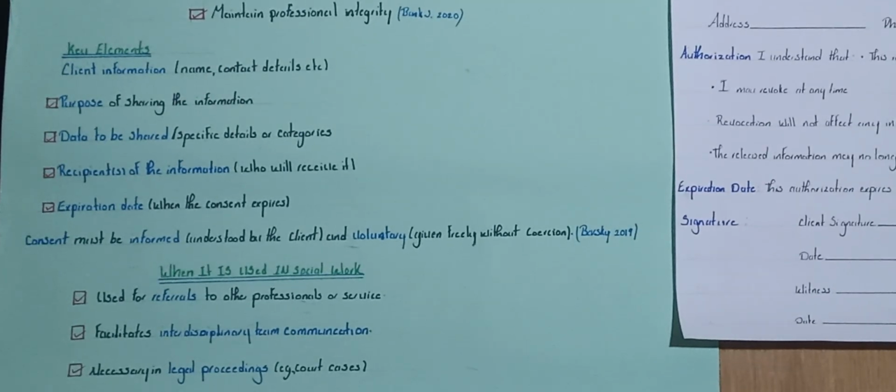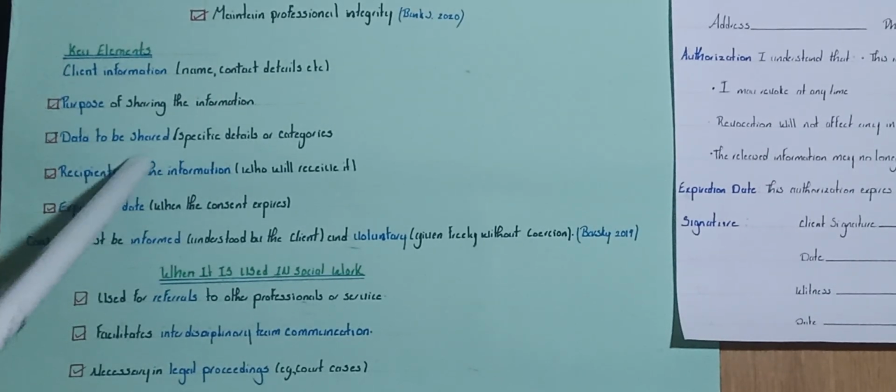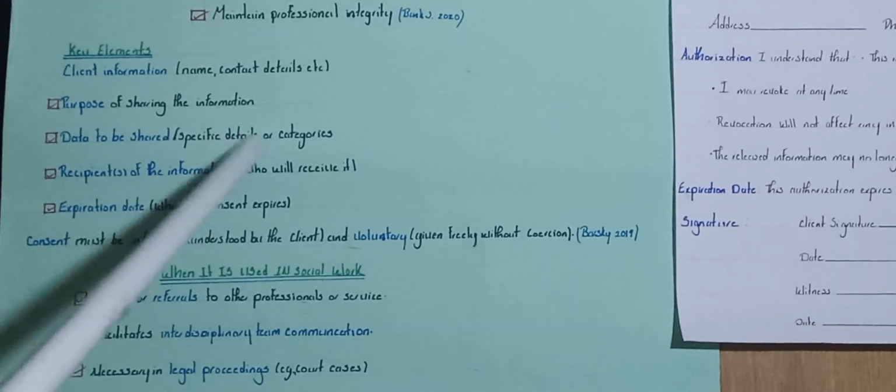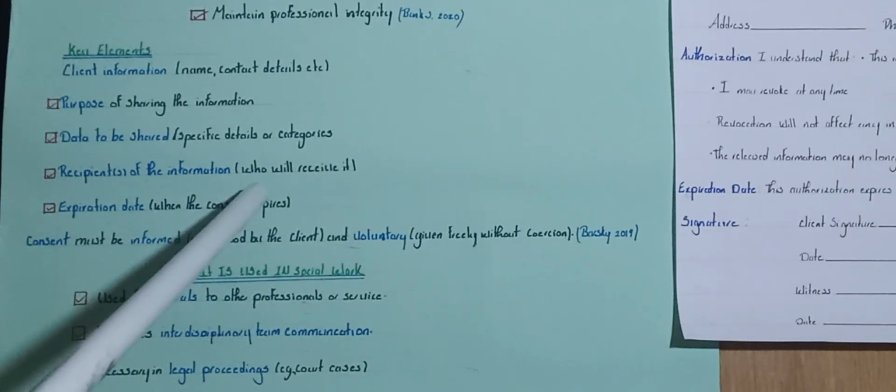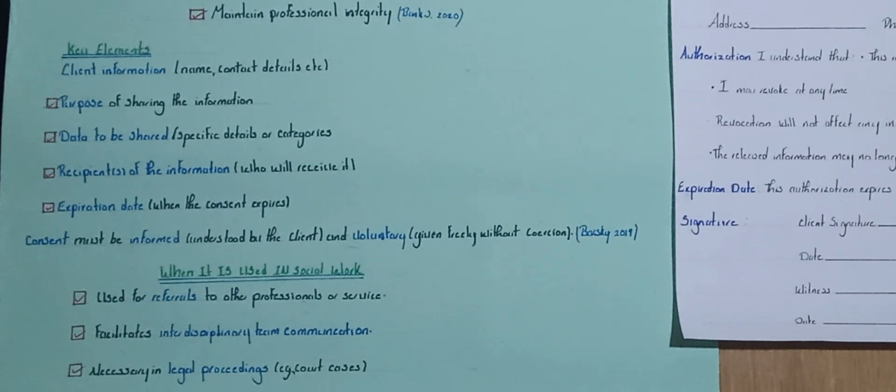What's the purpose of sharing the information? Data to be collected, specific data, and recipients' information, who will receive the information. Let's say in this case, it's the legal authority of the land, maybe the court needs it.